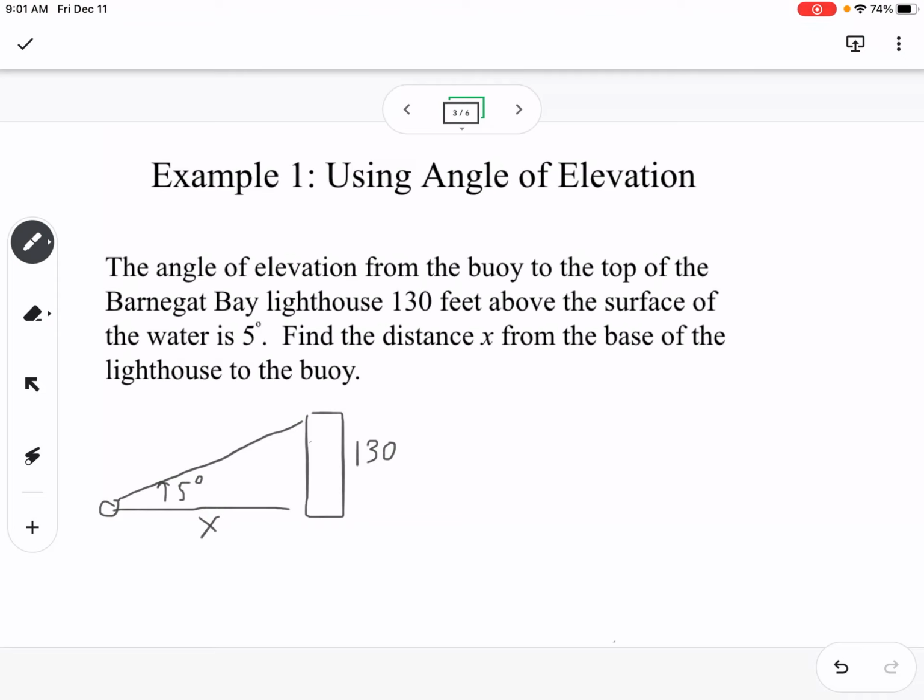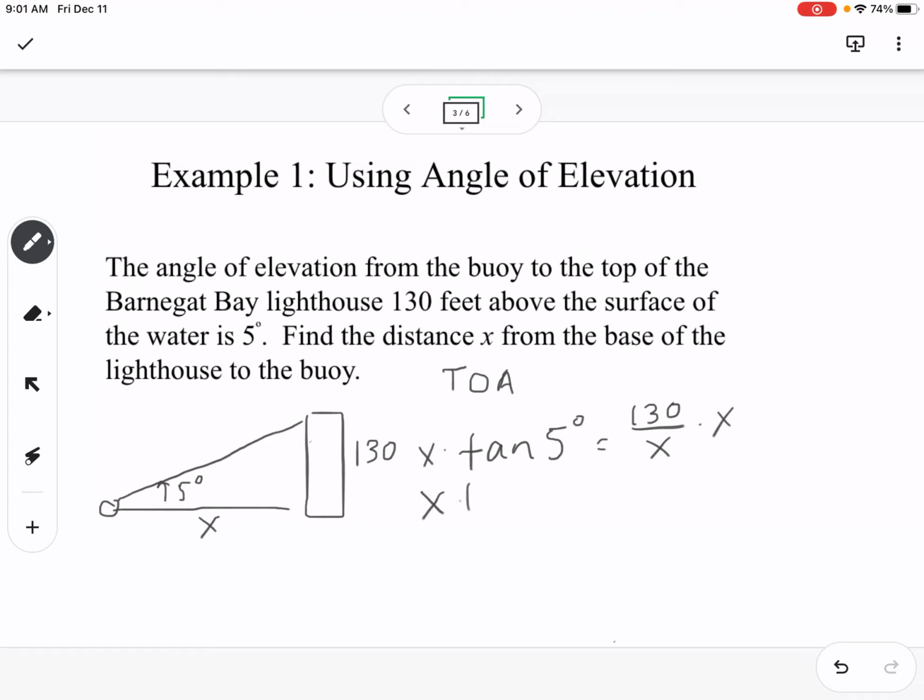So we focus on the 5 degrees, and we say 130 is opposite the 5 degree angle, and x is adjacent to the 5 degree angle. Opposite and adjacent tell us we're going to use tangent. So tangent of 5 degrees equals 130 over x. The variable's in the denominator, so we need to multiply by x first.